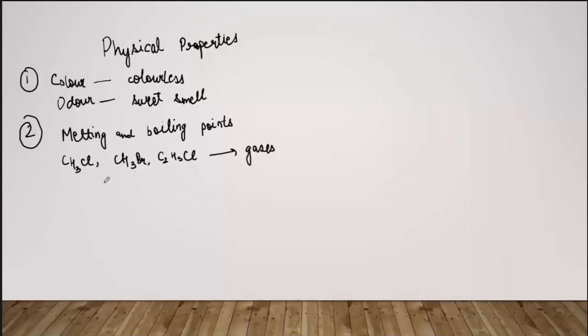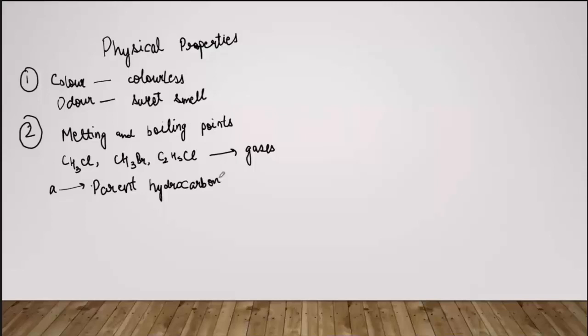So when we compare these with the parent hydrocarbon, for example, methyl chloride has the parent hydrocarbon methane, that is CH4, because it is made from CH4. If we are talking about C2H5Cl, its parent hydrocarbon will be ethane, that is C2H6.